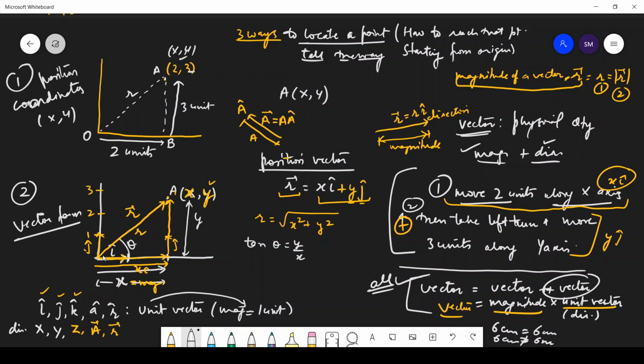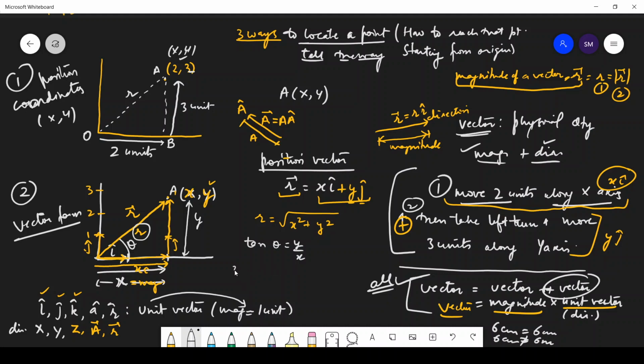Another thing is, if you want to resolve these components, if this is theta, write this base in terms of the hypotenuse.